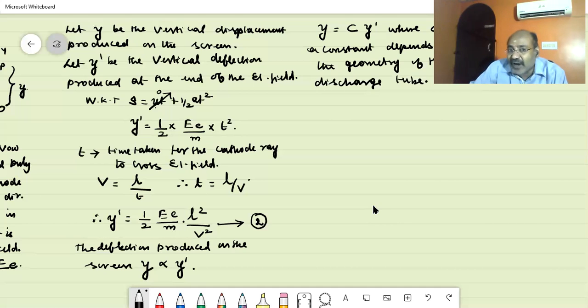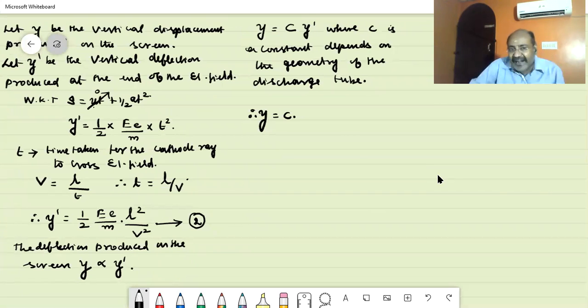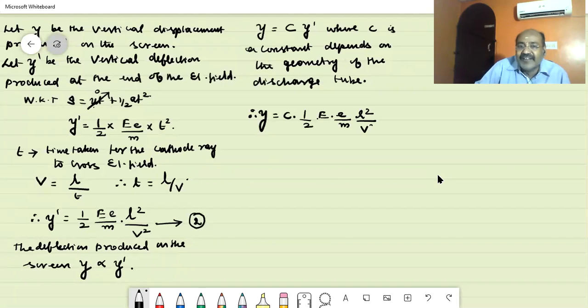So substitute for y dash. Therefore, we can write y is equal to C into y dash, which is half into capital E into E divided by M into L square divided by V square. Now I can substitute for the velocity.